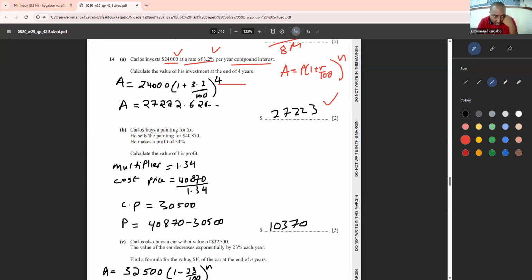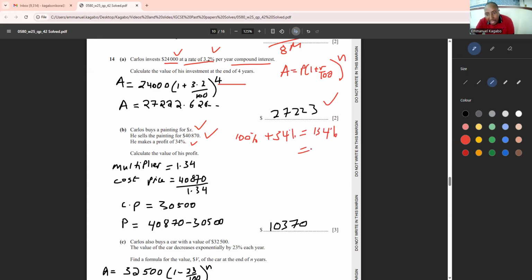Carlos buys a painting that costs this. He sells the painting at this. He makes a percentage profit of that. There are different ways to do this. When I'm doing past papers, sometimes I like enjoying different ways. One way of doing the question is just using the multiplier. You made a profit. That means initially you had 100%, and you have made a profit of 34%, which gives you 134%.